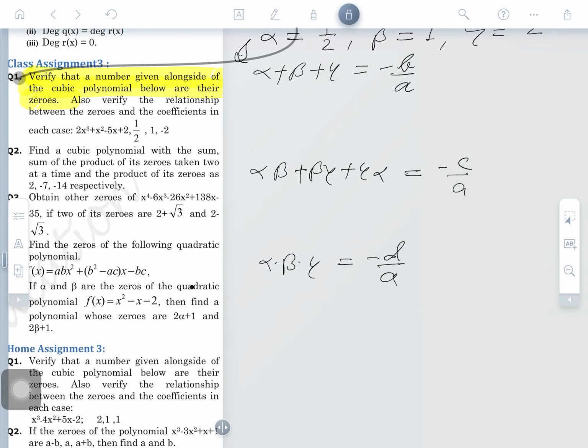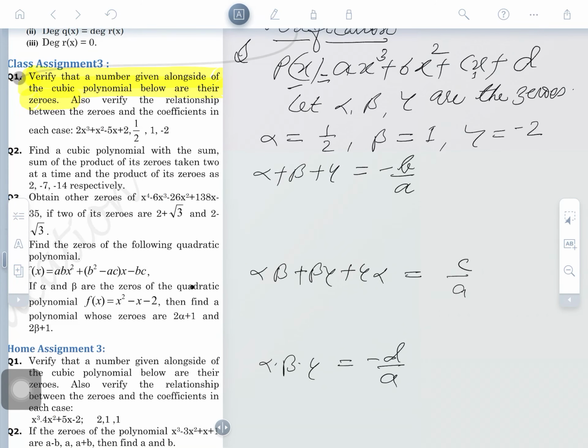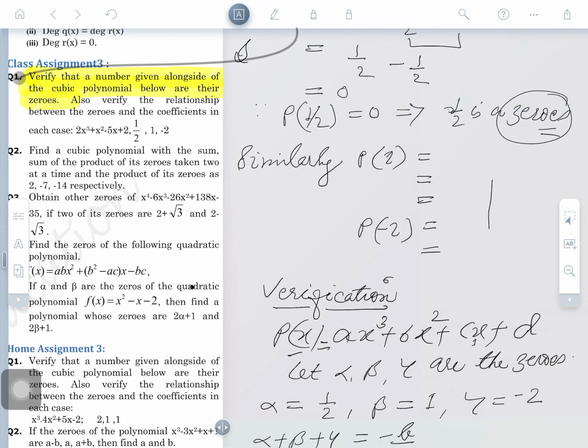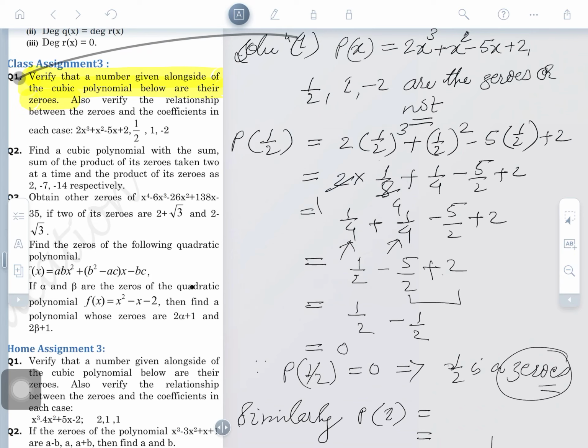So, listen guys, the sign will not change here, clear? If alpha, beta, gamma are the zeros of this polynomial I am talking about, this is the polynomial here.